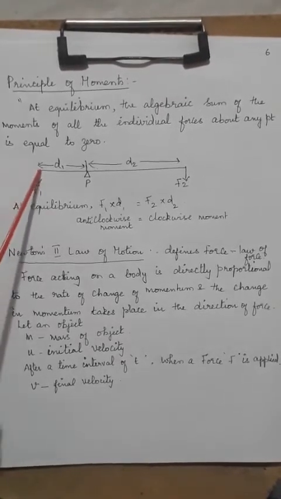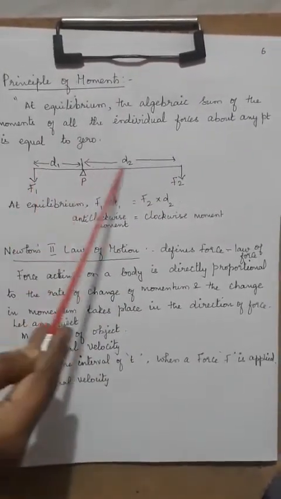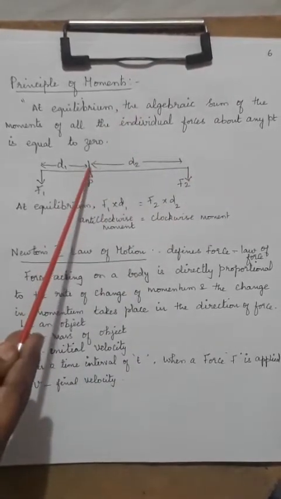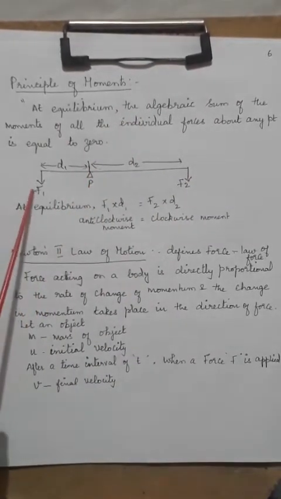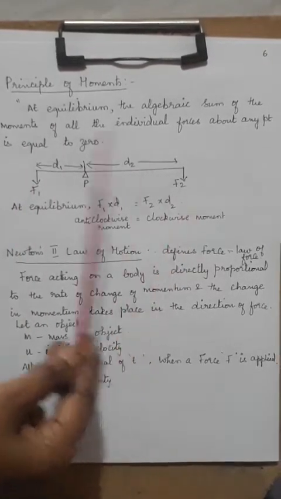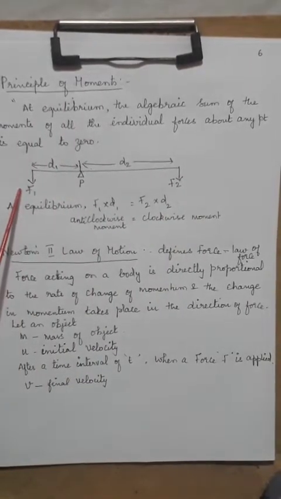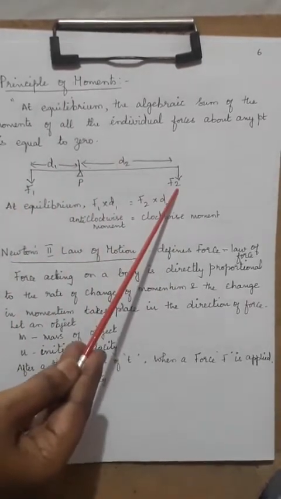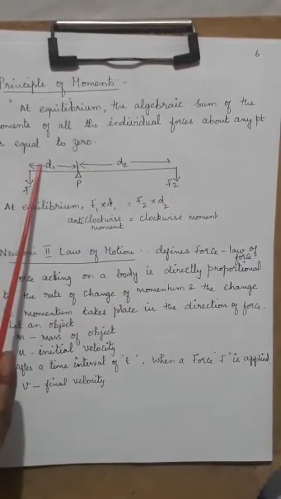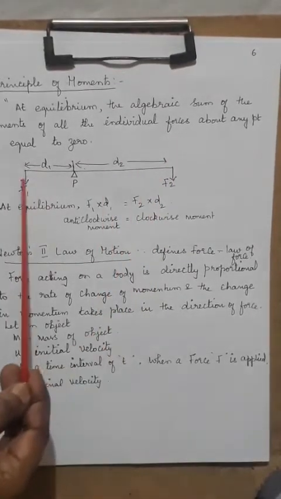Imagine this as a scale. In your lab, you will have this as a scale of 1 meter, and this is a knife edge. Two forces F1 and F2 are taken, and two different forces also can be taken. If this is 50 grams and I take this as 100 grams, then I need to move F1 and F2 to one position.